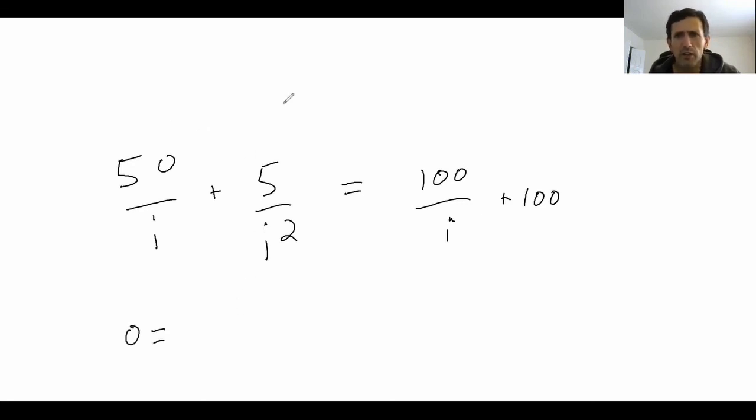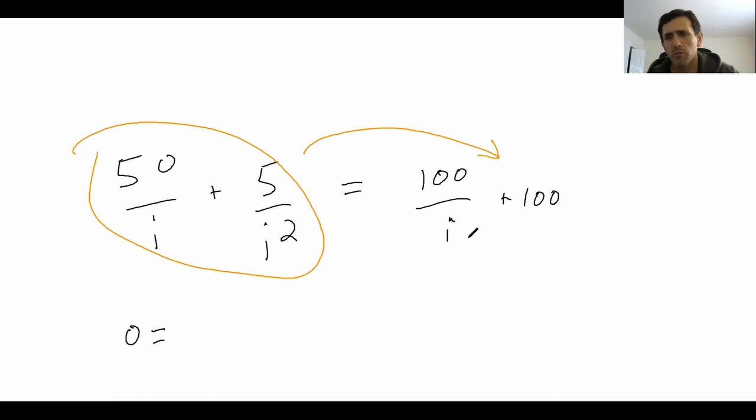Let's bring all this stuff to the right-hand side, so that when I multiply by I squared, I will not have a negative coefficient in front of the I squared. Let's keep the 100 here, plus 50 over I, minus 5 over I squared.